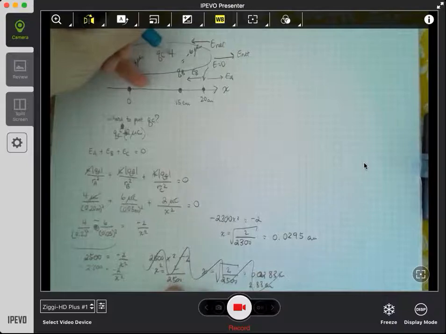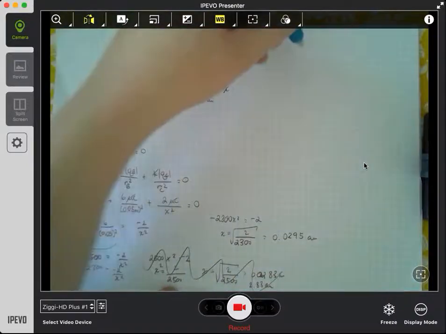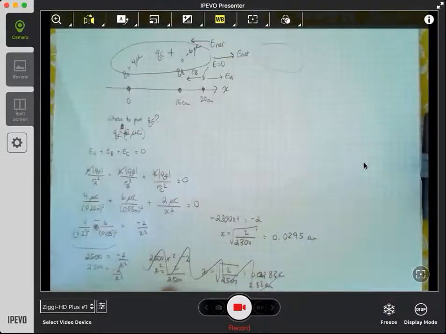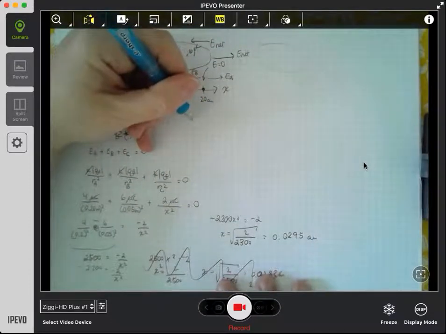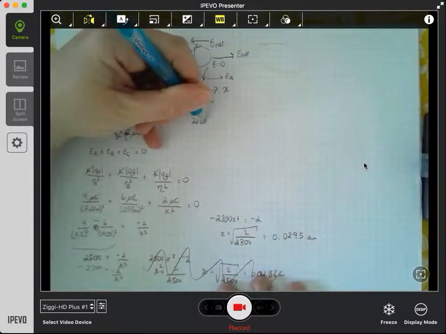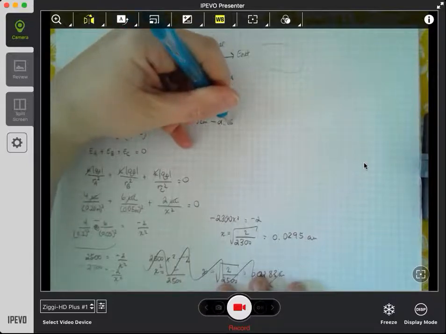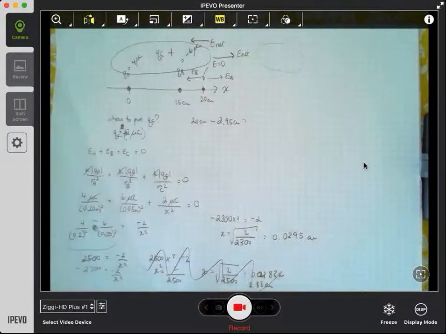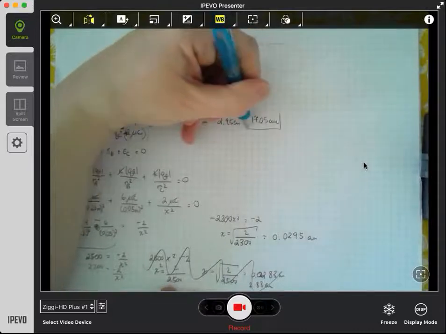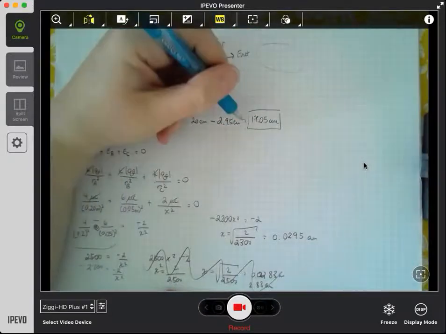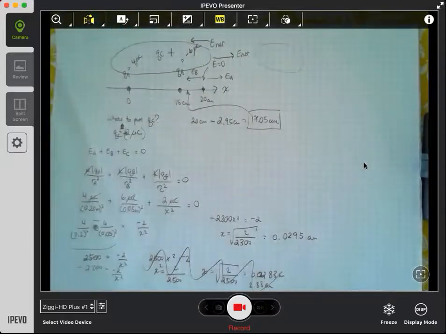QC, because it's positive and the field is pointing away. If we put it over here, QC would have had to be negative instead. And we already said it was positive. So our answer is going to be 20 centimeters minus 2.95 centimeters, which gives us, what, 17.05 centimeters? That's where we need to put our QC. It needs to be right there somewhere.